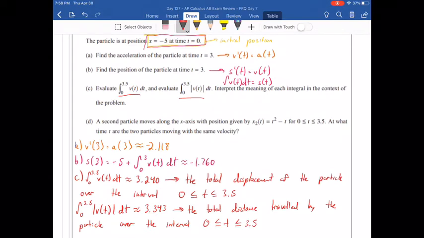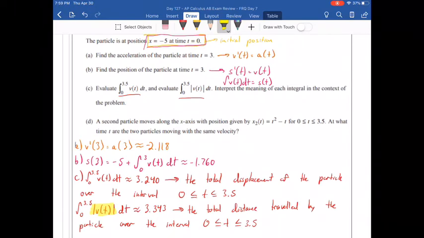When you have those absolute value bars, you're taking the total distance traveled, because any movement backwards is still considered distance traveled. The absolute value bars make it positive, so it still counts as distance traveled, because you still walked. It's just that you're walking backwards in that case. That's why it's total distance traveled. Without the absolute value bars, that's just displacement.